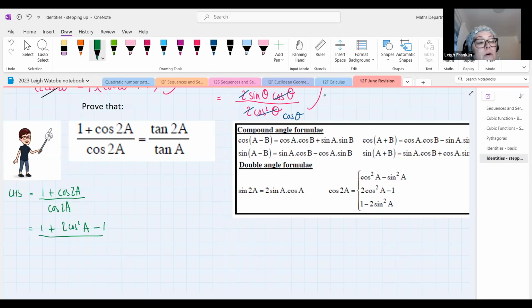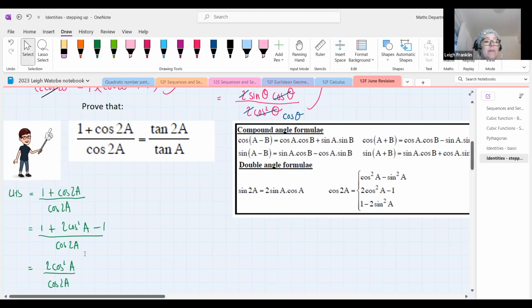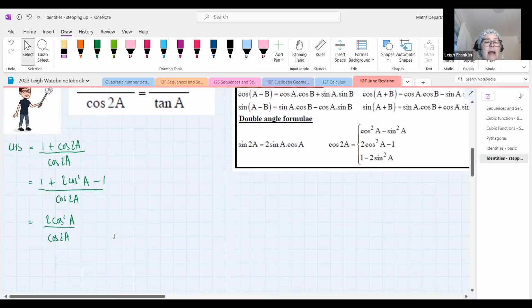all over cos 2a. So now again, I've got this additive inverse. The 1 minus 1 means that I no longer have 1 in the numerator. I've just got 2 cos squared a over cos 2a. So now I'm looking at this and I'm thinking I'm stuck.